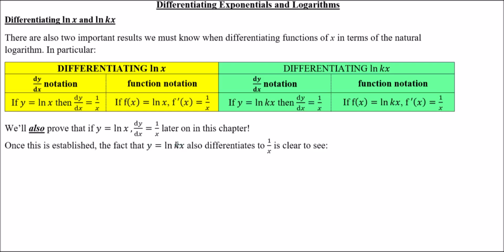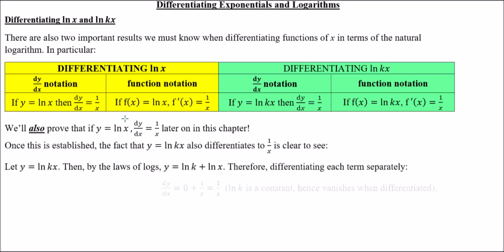So y equals ln of kx is the same as y equals ln k plus ln of x. Then if we differentiate both sides, y becomes dy by dx. k was just a constant, so ln k will vanish. Then we just have the ln x to differentiate, which I've told you will give you 1 over x. And so that's where the result comes from.